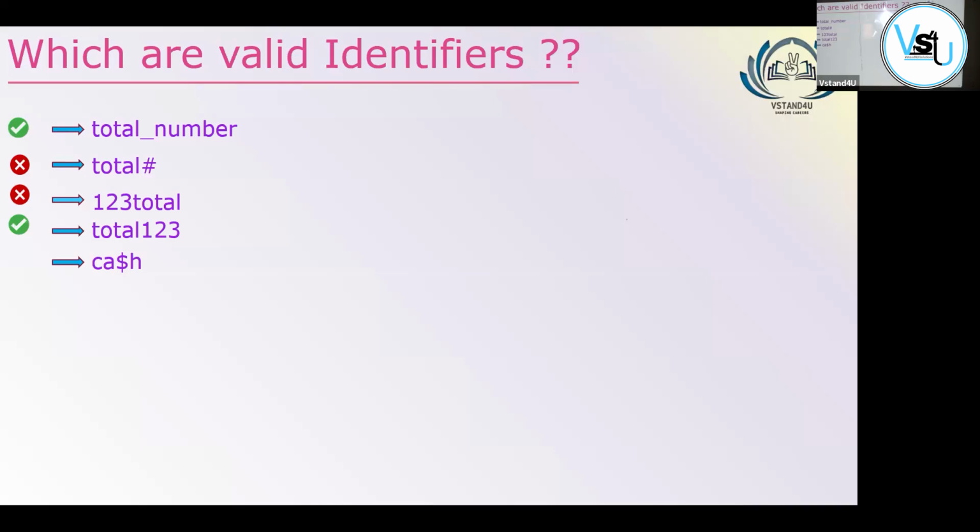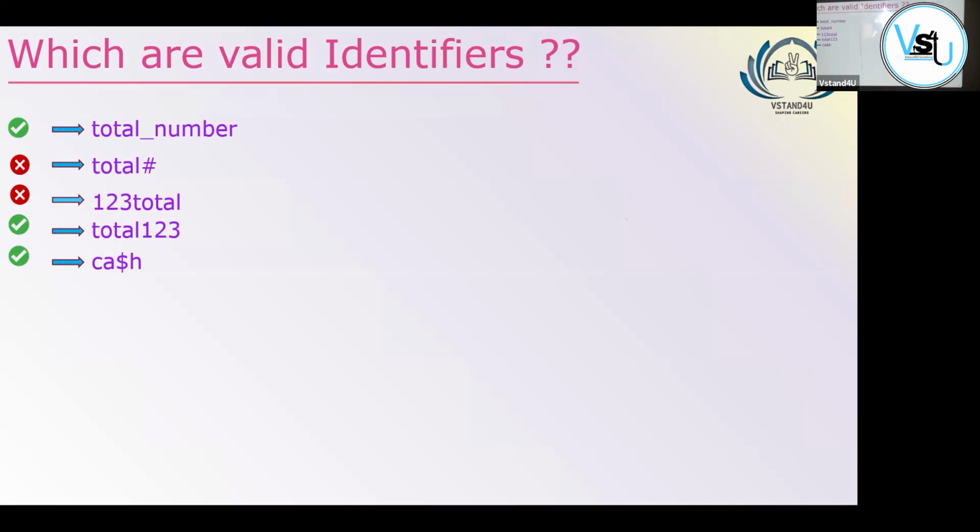And what are the two special characters allowed? Now it is allowed. Good. Of course, allowed. And even if it starts with star, or sorry, dollar or underscore, there is no problem. It should not start only with a digit. That is the rule. It can start with lowercase, uppercase, or even special characters.